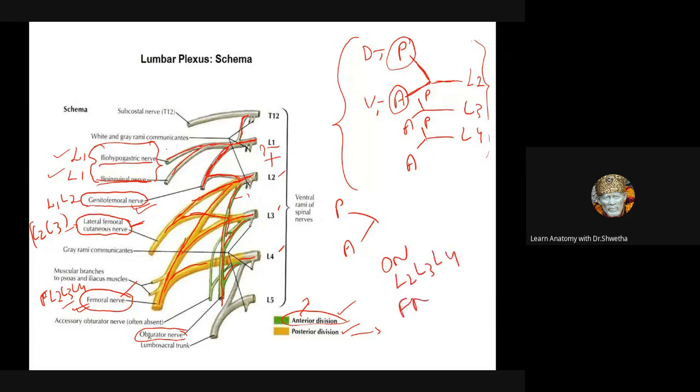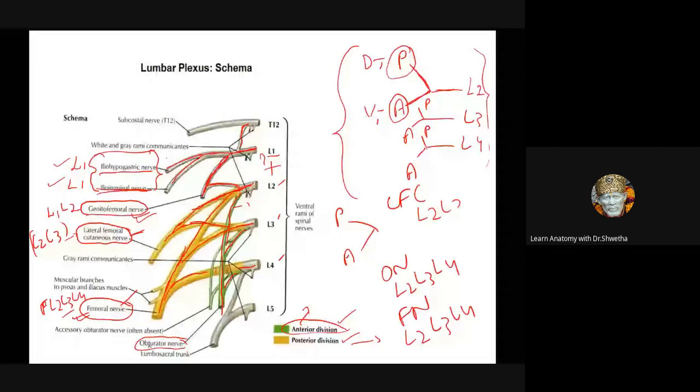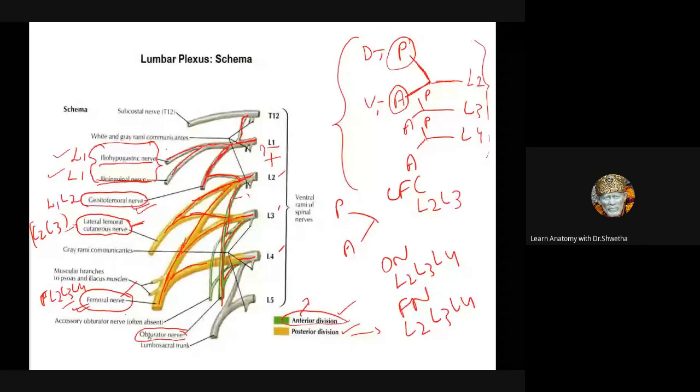The femoral nerve is formed by the posterior division of L2, L3, L4. Very simple, right? The lateral femoral cutaneous nerve is formed by the posterior division of L2 and L3. Now, very rarely there is one nerve present. It's usually absent. But if at all present, it is called the accessory obturator nerve. And this nerve arises from the anterior division of L3 and L4.